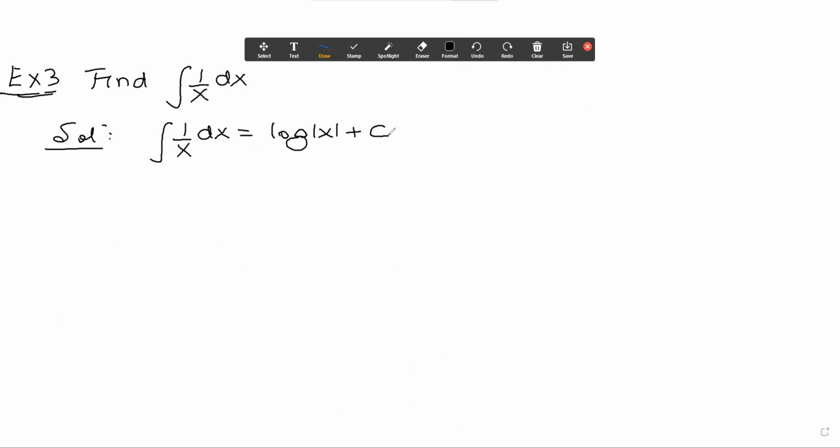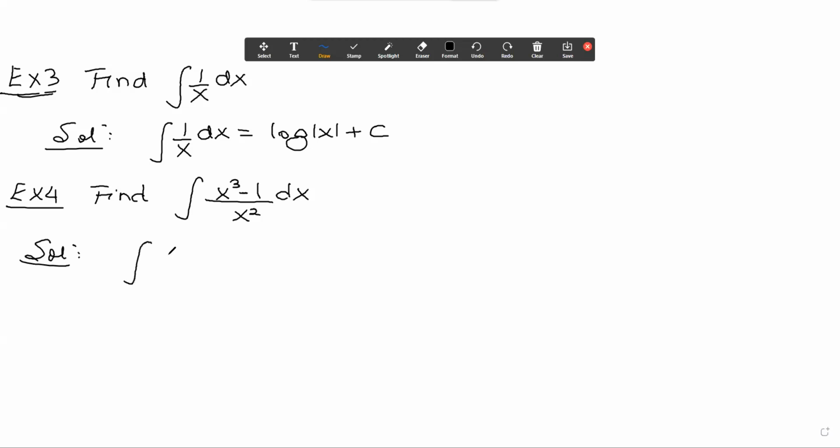Let's look at example 4. Find integral of x cube minus 1 upon x square dx. So how do we solve this? This is my question, I can separate it and write it like this.